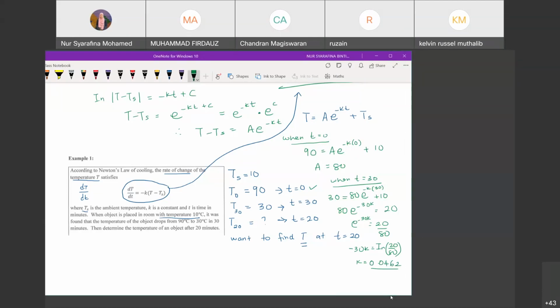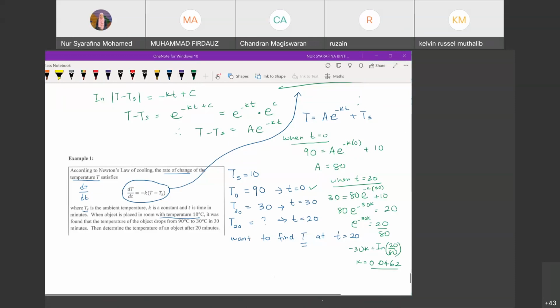Your end answer can be 2 or 3 decimal places, but during the calculation, try to use at least 4 decimal places to get the accurate one. All right, so that is your k.